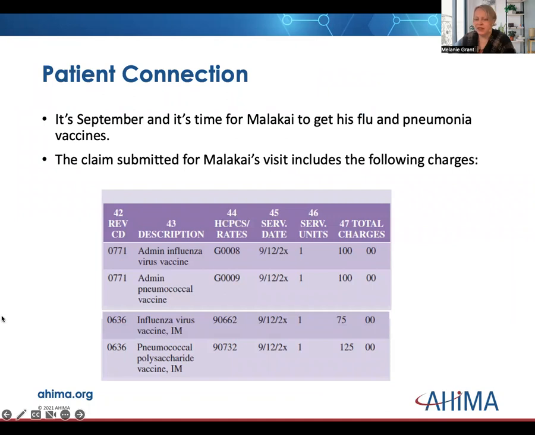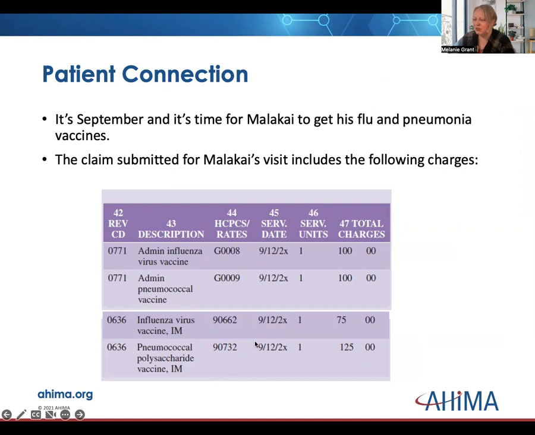Let's look at one together now. This one is going to be what's called a patient encounter. So we have a patient coming in for vaccination under the Medicare payment system. They're coming in for their flu shot and their pneumococcal, and they receive both the injection for the service, which is those 90662 and 90732s, as well as the service itself, or vice versa.